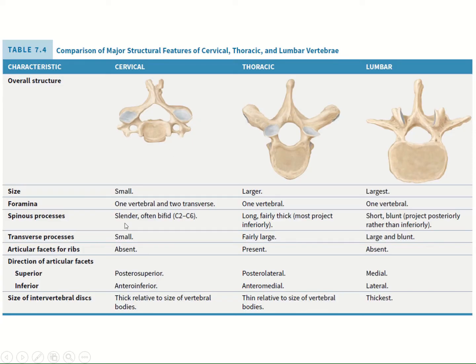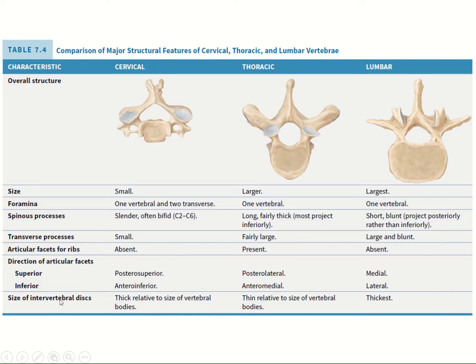Spinous processes, short and blunt for your lumbar, and then the articular facets for ribs only present in your thoracic, and then direction of articular facets would be described as follows.